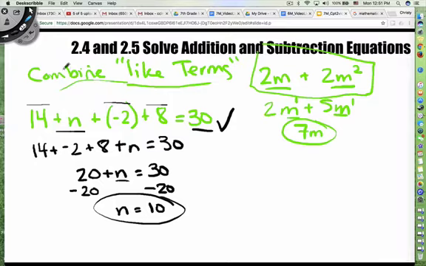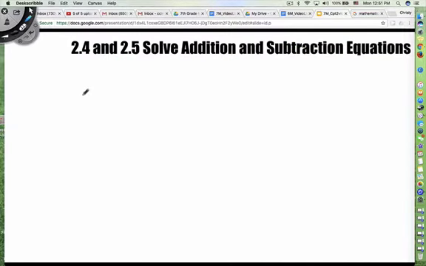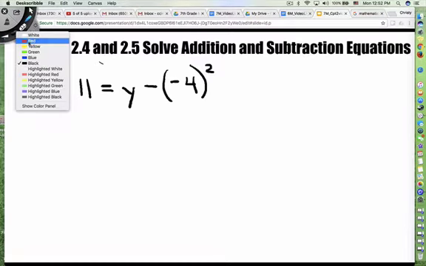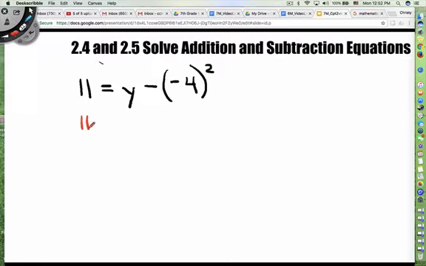Okay, let's go ahead and add an exponent to it. So let's say that the problem is 11 equals y subtract negative 4 squared. This exponent right there is telling us that we are duplicating what's in the parentheses. So if we rewrite it, we would do 11 equals y minus negative 4 times a negative 4.